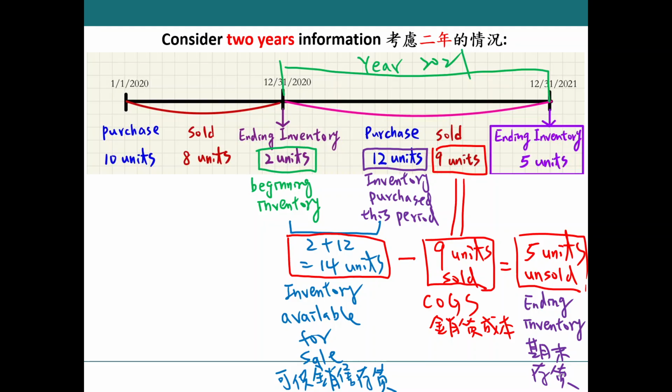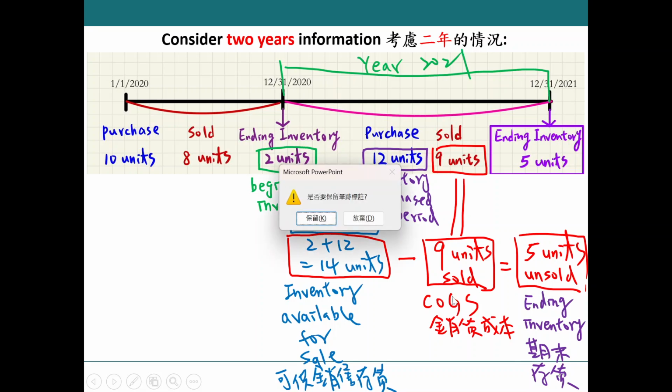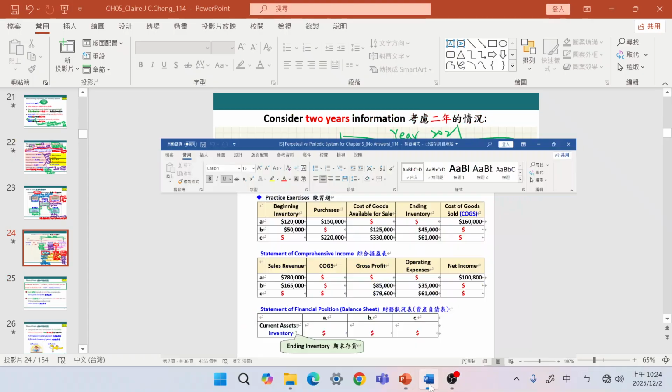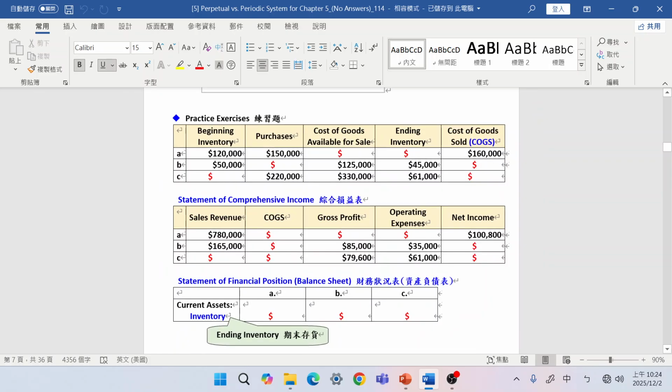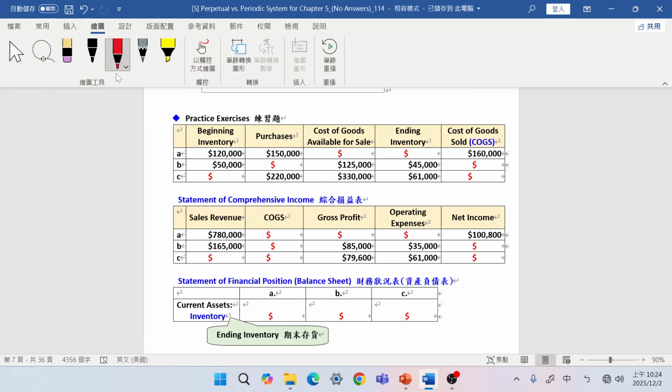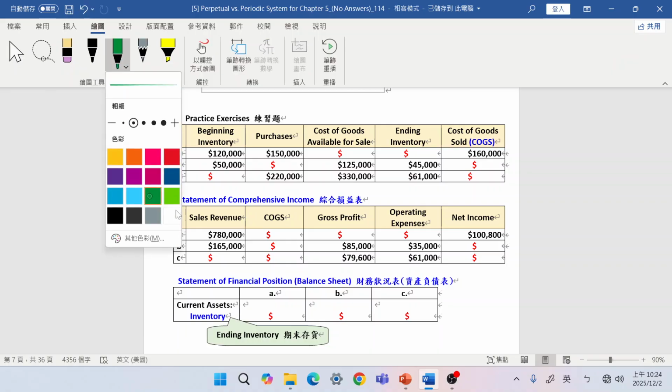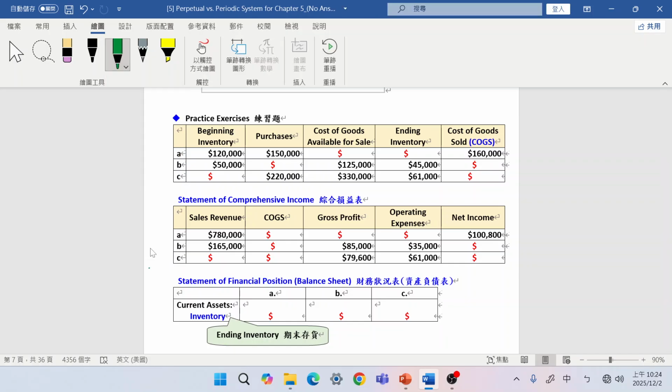Then next hour, we will tell you, based on the numbers you have, how to record it in accounting way. So that's another thing we are going to tell you later. Okay, so please go to your handout on page 7. Before you practice it, I give you some hint, okay? So here is ABC, means company A, company B, company C.